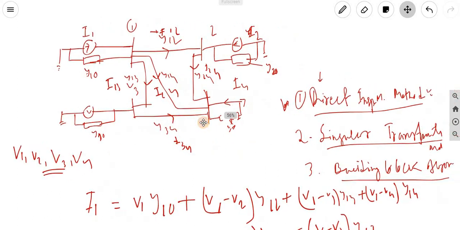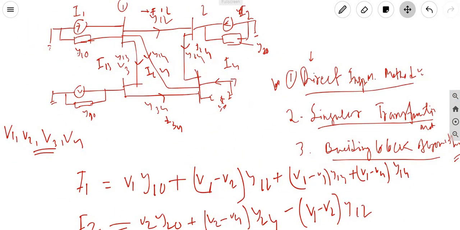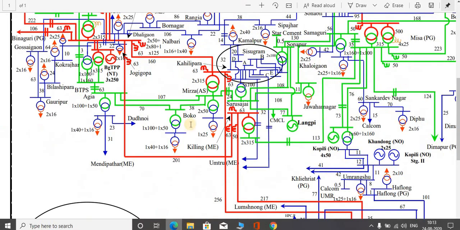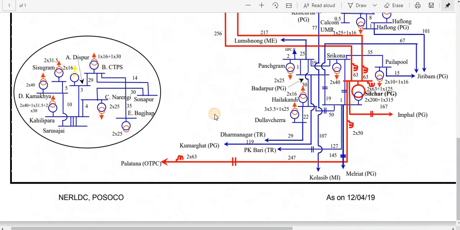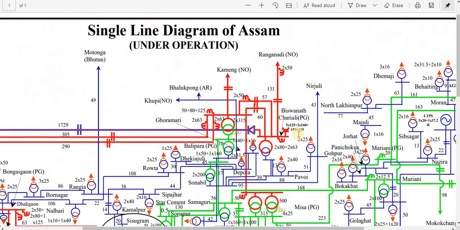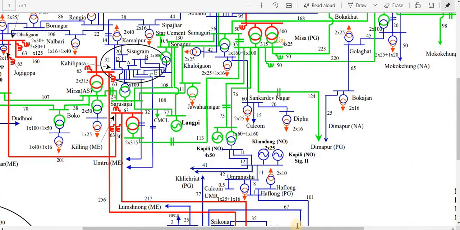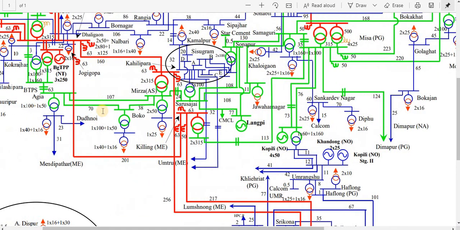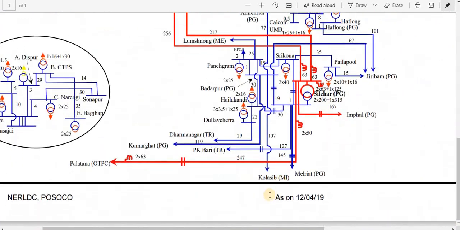But if there are a large number of buses, it is not countable by seeing the network; it may exceed 150 or 160.